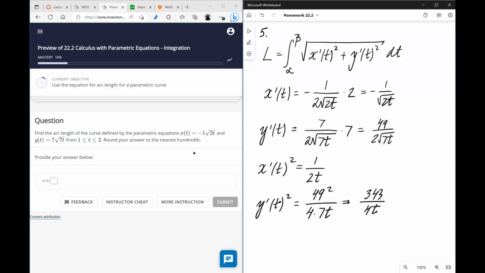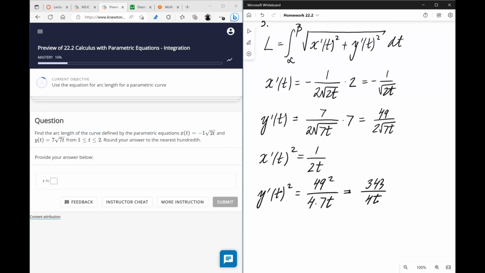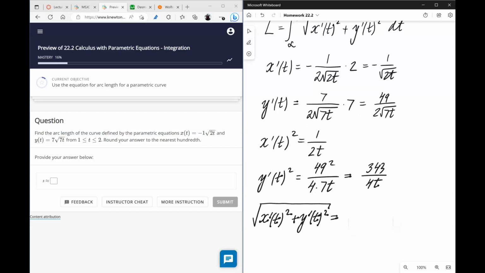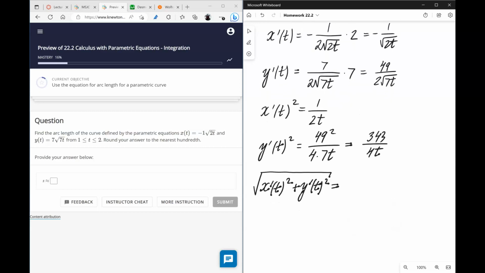And we're going now to find the square root of x prime of t squared plus y prime of t squared. It will be the square root of 1 over 2t plus 343 over 4t.